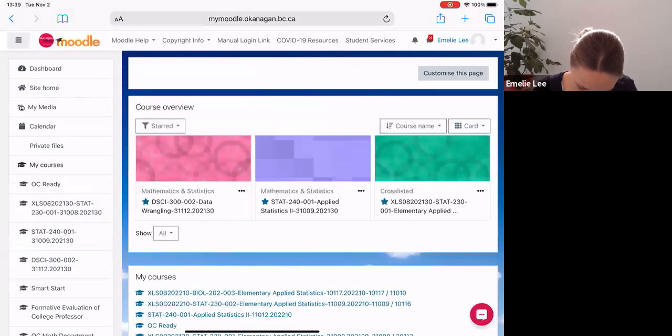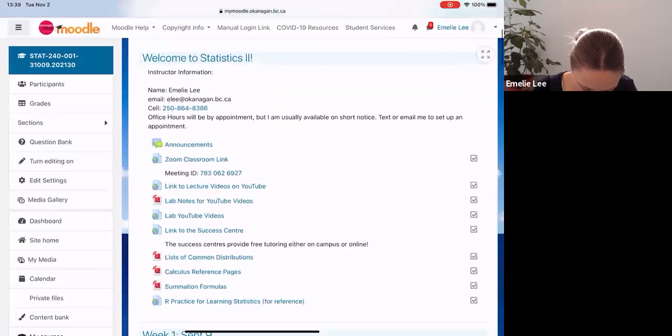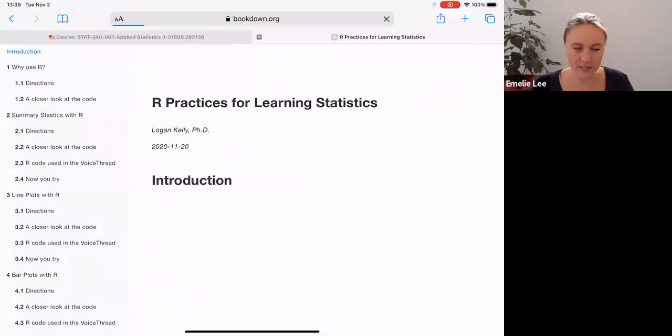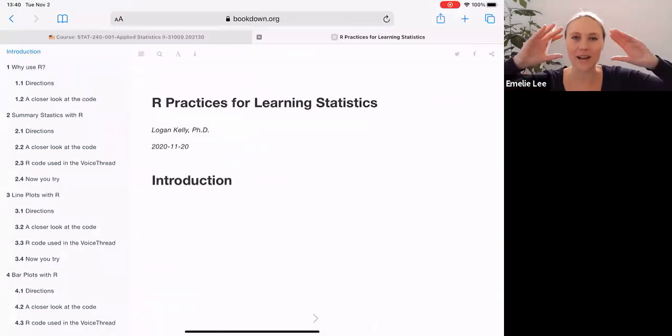So what I posted was, I just found it pretty recently, this R practice for learning statistics. It is just for reference, but someone has done a really great job of doing clear and concise, basic R code for doing run-of-the-mill stuff.